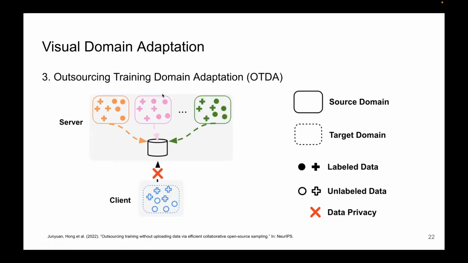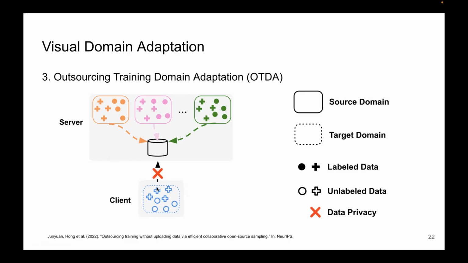And the last one is called outsourcing training domain adaptation, OTDA. In this case, the idea is from outsourcing model training, which is very popular and interesting in many cases. It assumes that the clients, such as edge devices, won't have the capability to train a model. So it's possible for them to outsource the model training task to a server, such as a cloud server. And meanwhile, due to privacy concerns, the client is not allowed to upload the dataset to the server.